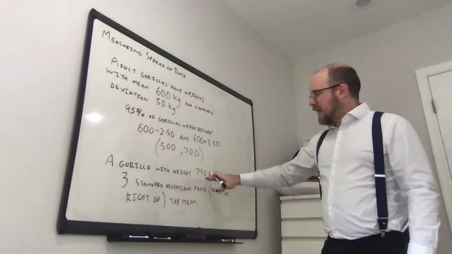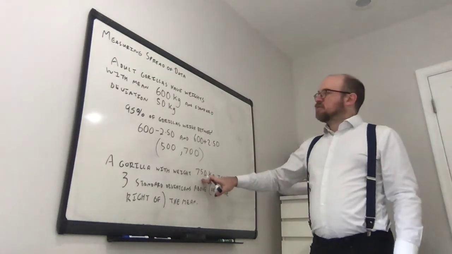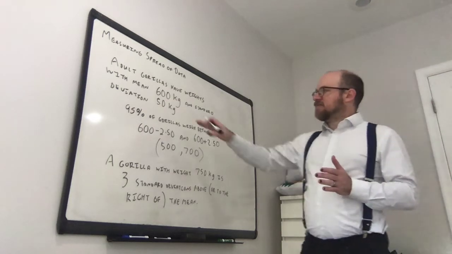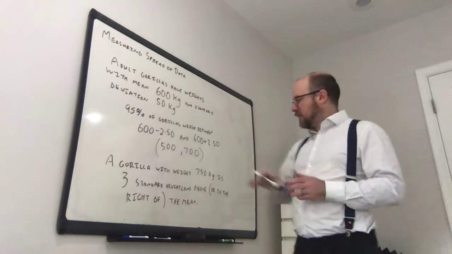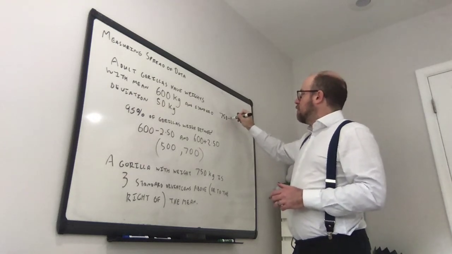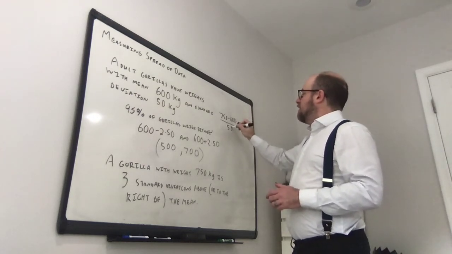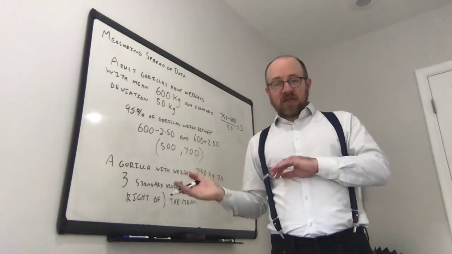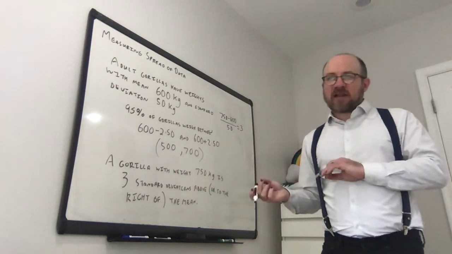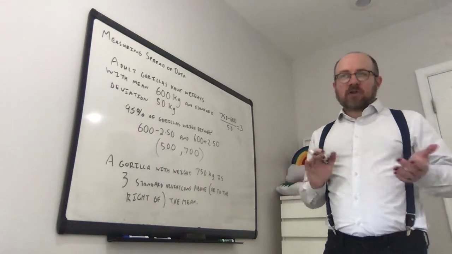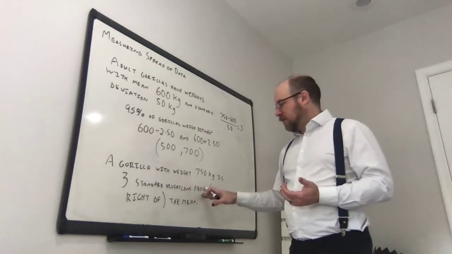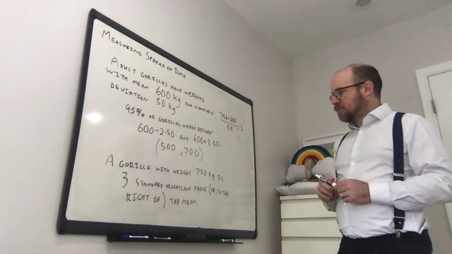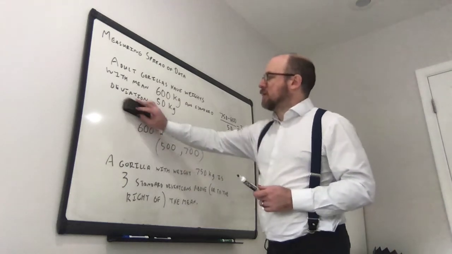Okay? Because if you take that 750 kilograms, subtract off the mean of 600, you get 150. Divide that by the standard deviation, 150 divided by 50. So 750 minus 600 divided by 50 gives us 3 standard deviations to the right of the mean, above the mean. The book uses to the right of. I think above and below makes more sense. You can use either. You can say that it's above or to the right of the mean. People use both.